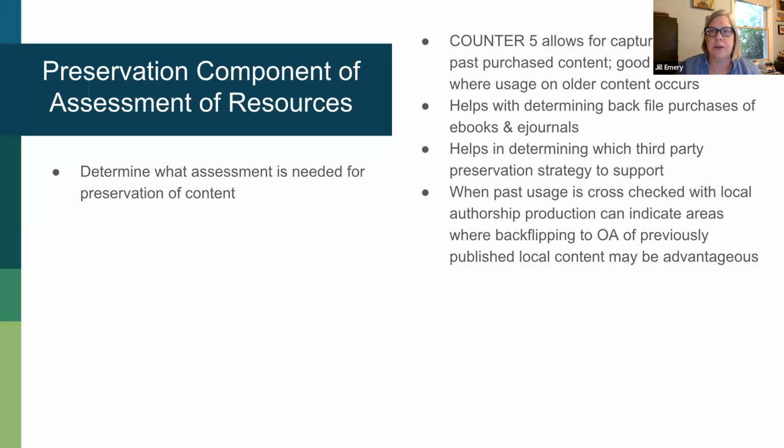And this is becoming a negotiation strategy that NERL has engaged in, as well as some of the Texas libraries. And so it's something to consider. And one of the ways that knowing what past usage has been is really important.